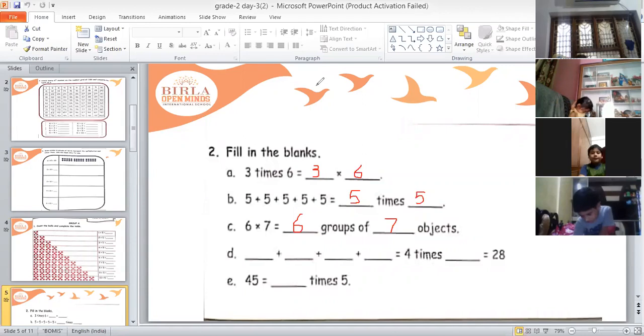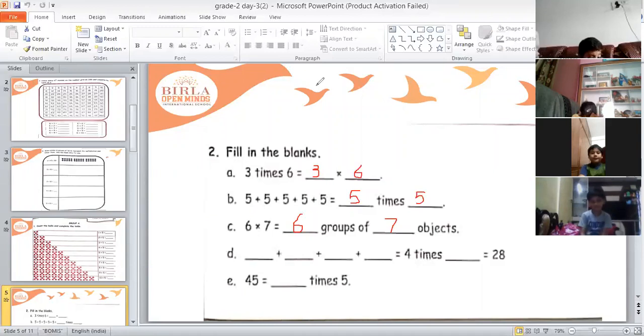Devansh? Yes, ma'am. Devansh, do you know the 4 table? Yes, ma'am. Okay, so now tell the 4 table quickly. Start. Devansh, start.